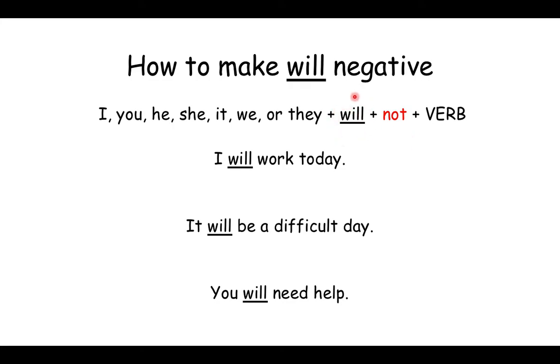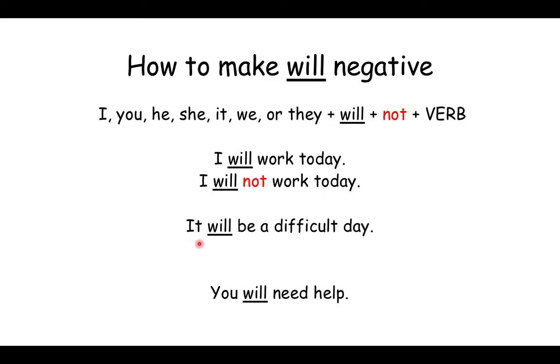Then the word will, and then we use the word not, and then the simple present form of the verb. So all we have to do to make it negative is put not in between will and the verb. So for example, we have this sentence, I will work today. To make it negative, we say I will not work today. That's how we make it negative.